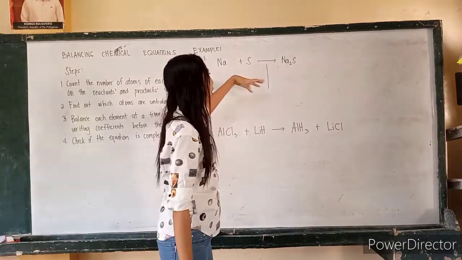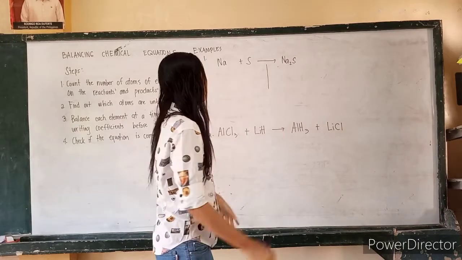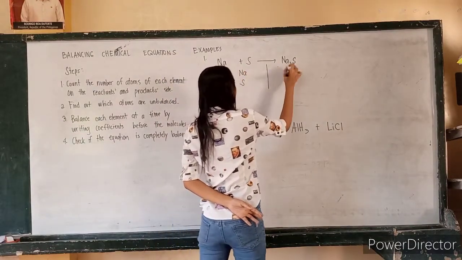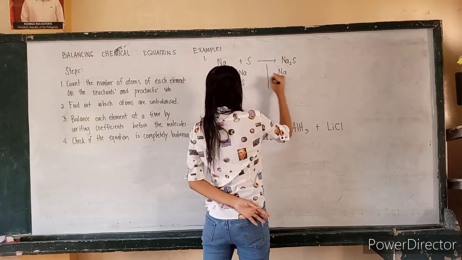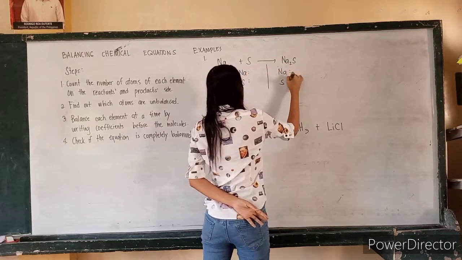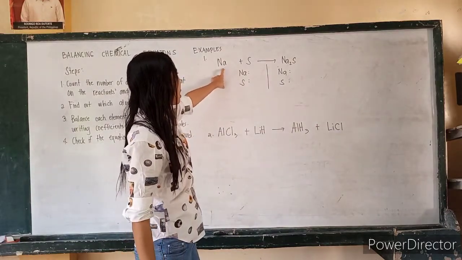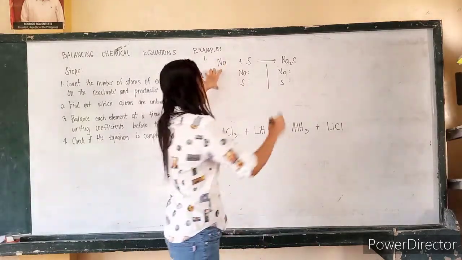Then after that, I count the number of atoms. So we have Na and S on this side, and Na and S on the other side. Let's count the Na. Obviously, there is only one Na.